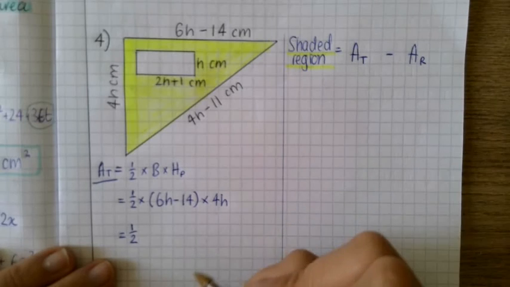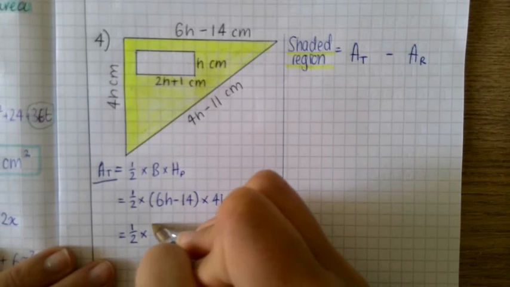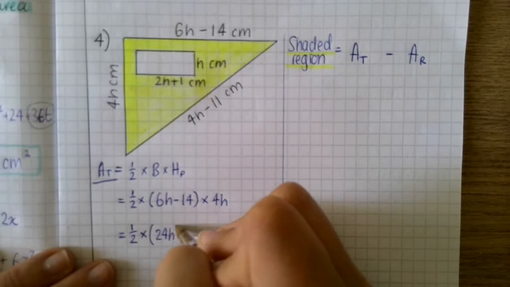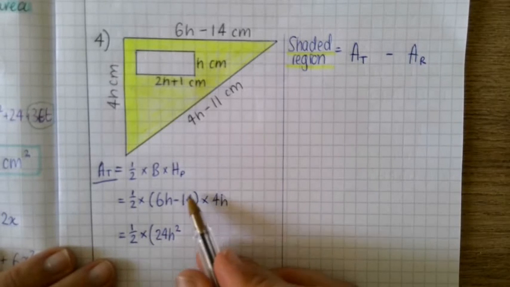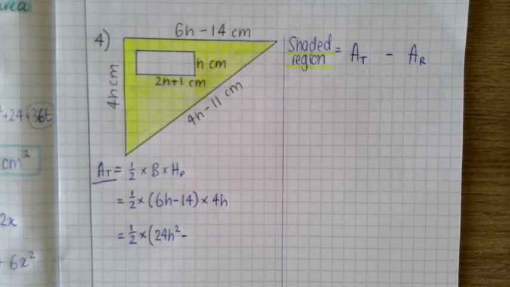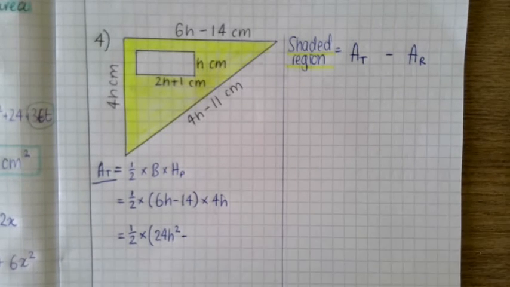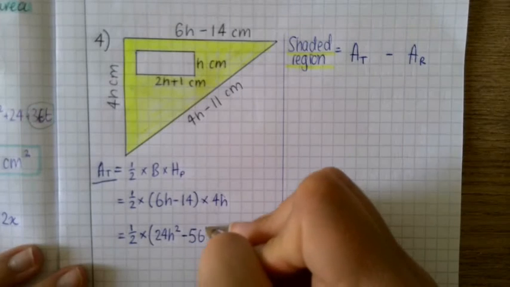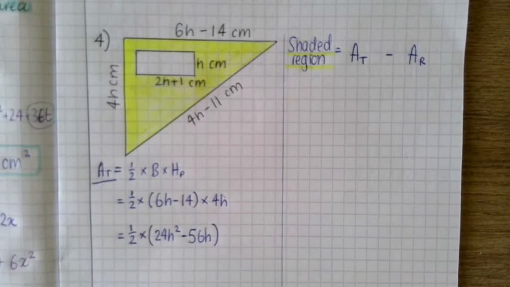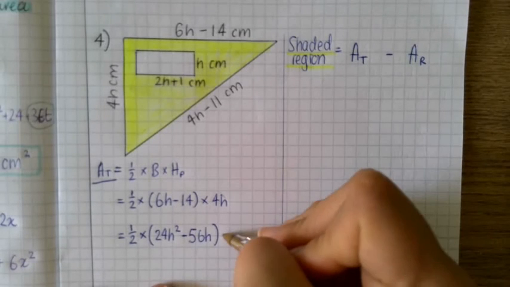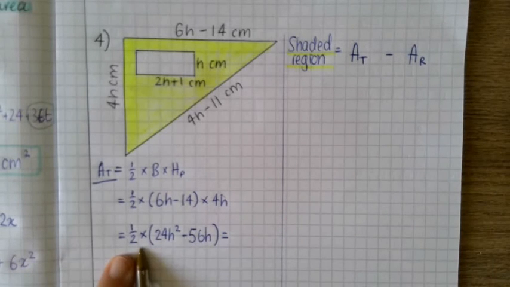So 4h multiplied by 6h will give me 24h squared, and 4h multiplied by negative 14 is going to be negative, so 14 doubled is 28, and then double that is 56. So it will be 56h. And then I'm multiplying single brackets again, because I need to multiply this expression by 1/2.